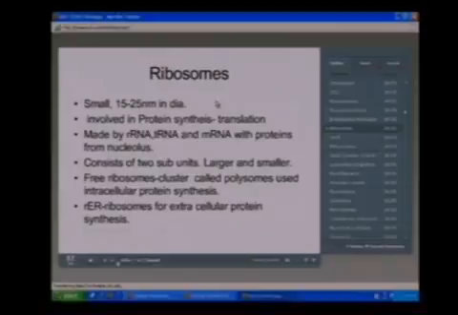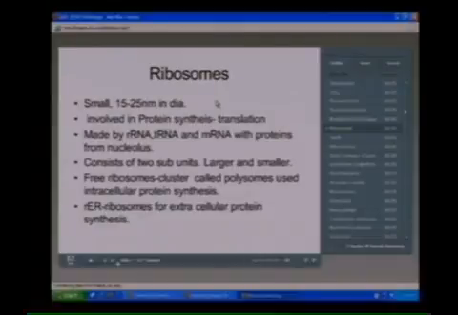They are made of three RNAs: rRNA, ribosomal RNA, where RNA stands for ribonucleic acid; tRNA, otherwise called transfer RNA; and then you have mRNA, which is called messenger RNA.